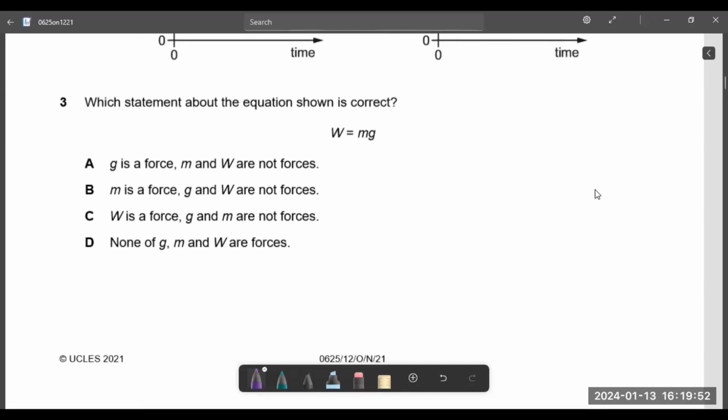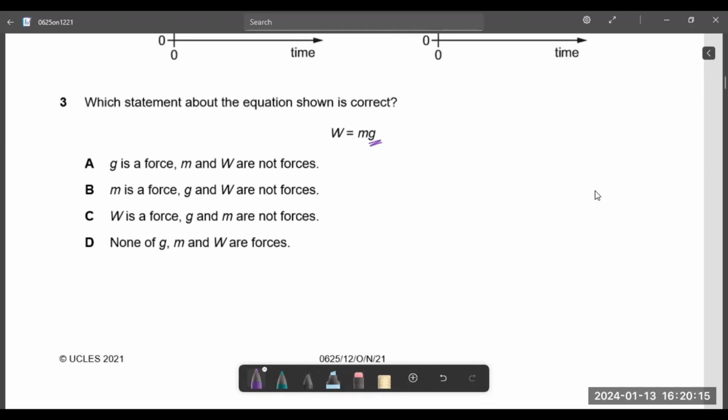Which statement about the equation shown is correct? W is equal to M into G. So here, the weight is the force exerted on the object due to gravity.